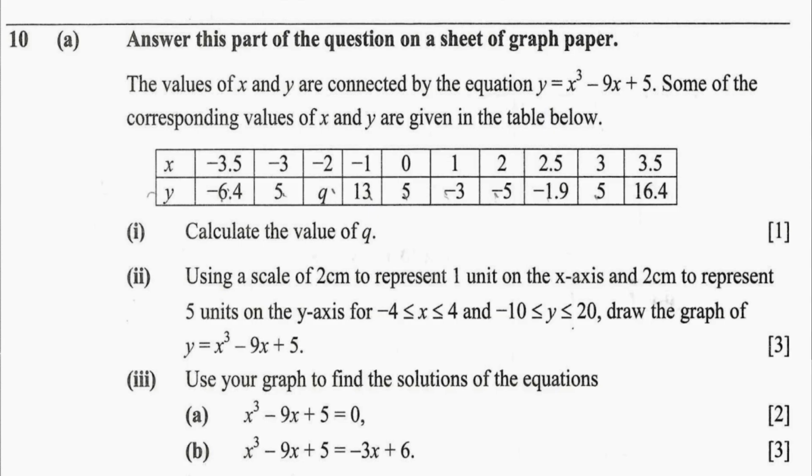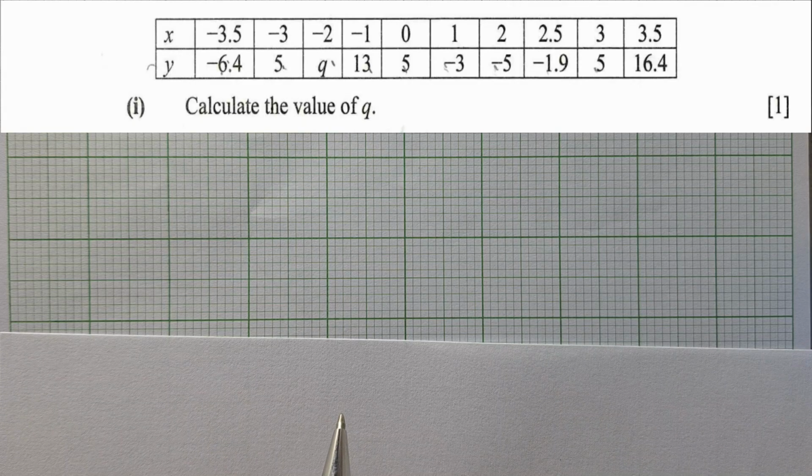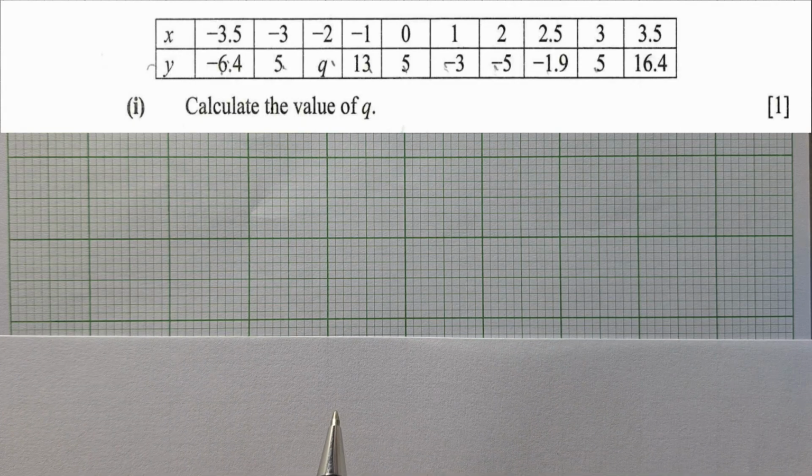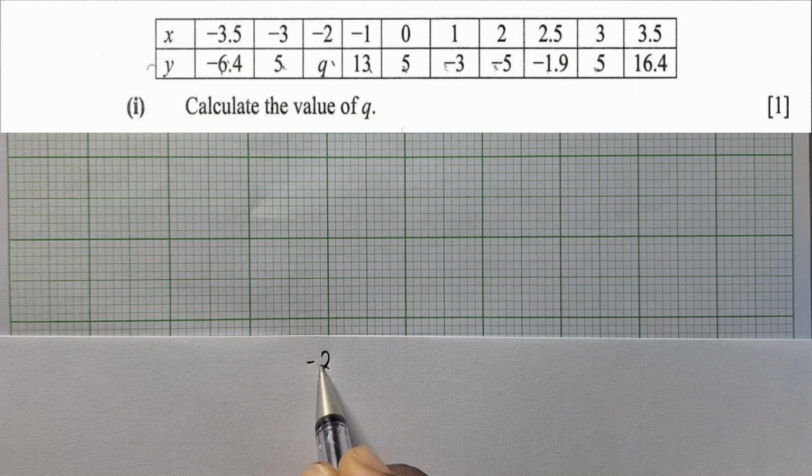To calculate the value of q, we check on the given table where q is. Where q is, you can see on top of q there is a number, and that is negative 2.